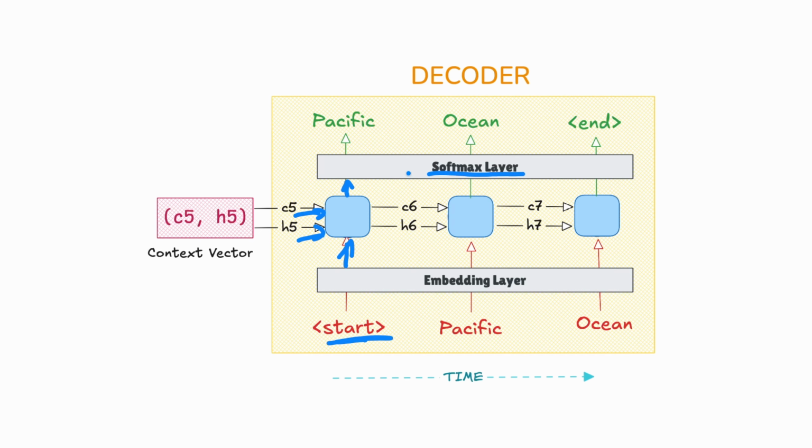We don't have to go deep into the softmax layer. It converts the output that we get from the LSTM or RNN units into words. So this softmax layer will convert this into the specific output. So this is the word or token that we get in the first time step.